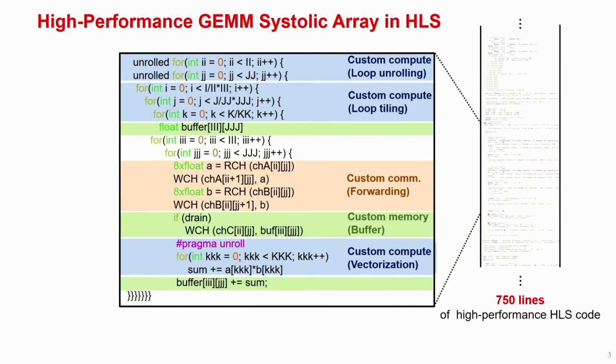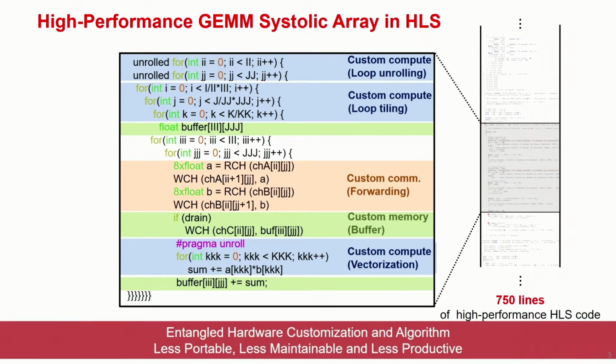This also has communication customizations in the form of data forwarding. From this, we can see that in a high-performance design from HLS, the hardware customizations and algorithm are entangled with each other, which makes these designs less portable, less maintainable, and less productive.